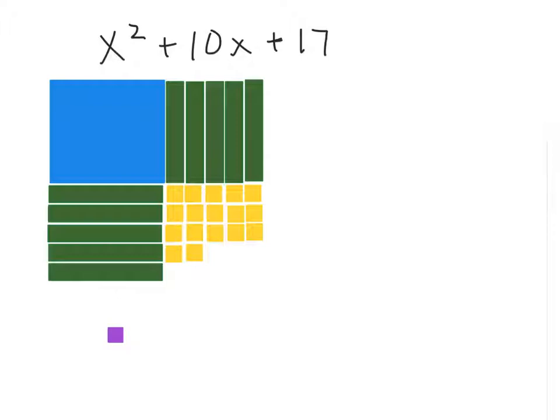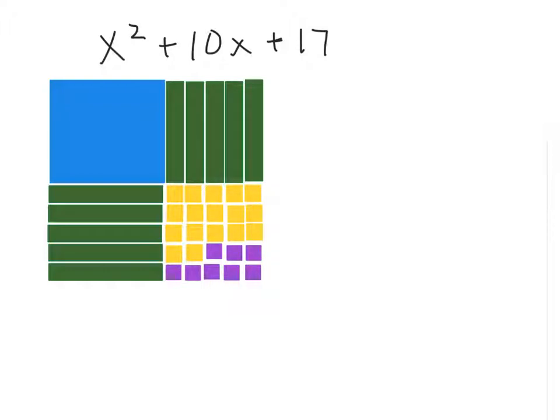Okay, so I have all the yellow blocks put in place. So there's all the 17. Now I'm going to just count the gaps by using this purple one, okay? So I filled in this entire square. We made it a complete square by just simply adding these additional 8 little squares.